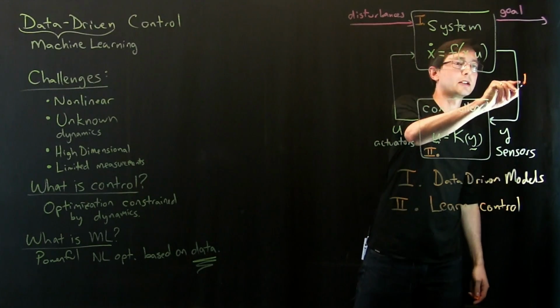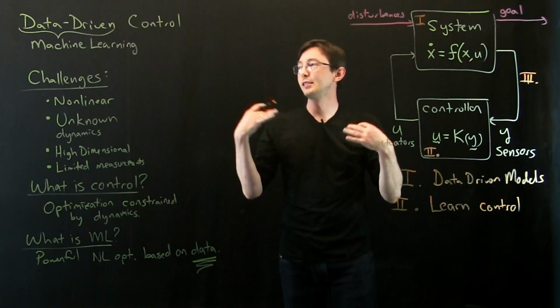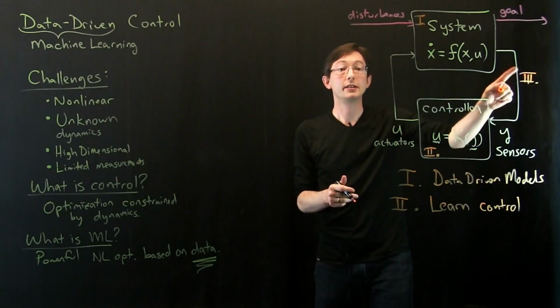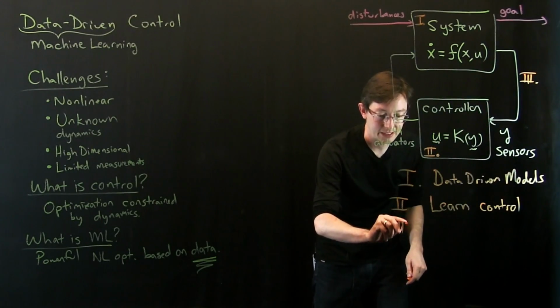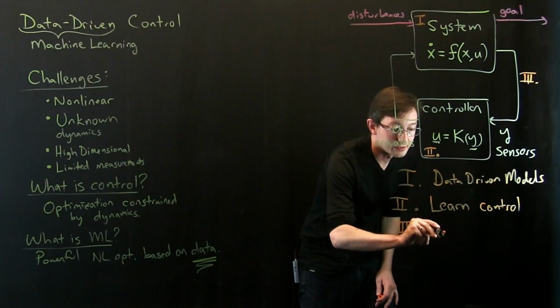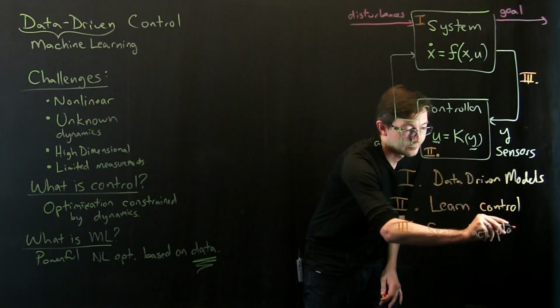And then the third thing I'm going to talk about is using machine learning and data science, really powerful optimization, to directly learn what are good sensors or actuators. So I think that's another very, very interesting thing we're going to talk about: sensor and actuator placement.